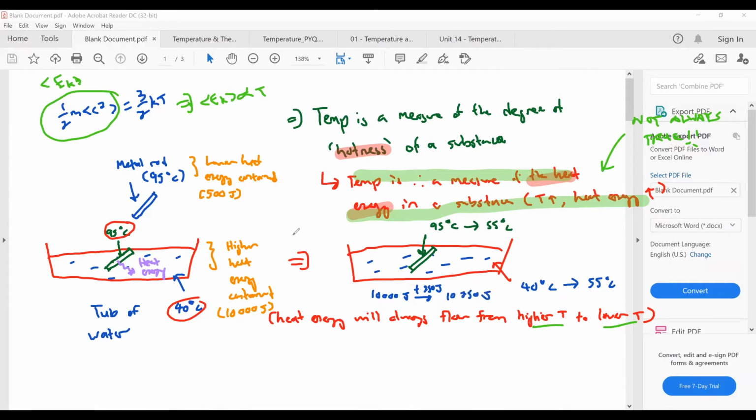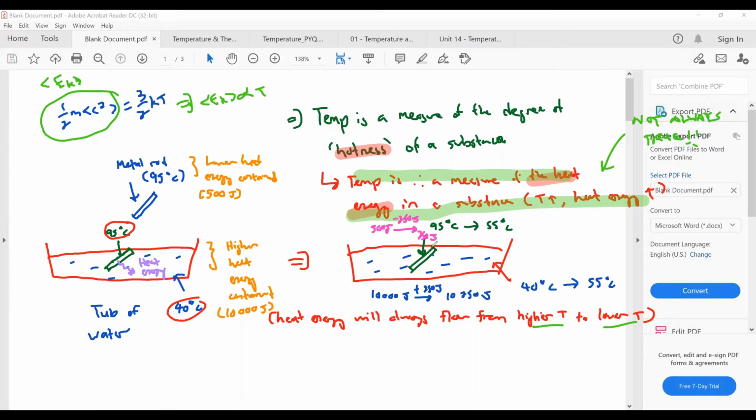And then the metal rod originally had 500 joules of energy, but now because it lost 250 joules of energy, you now only have 250 joules remaining. So when you put things with different temperatures together, heat energy will always flow from the body with higher temperature to the body with lower temperature. That's the only thing we look at.